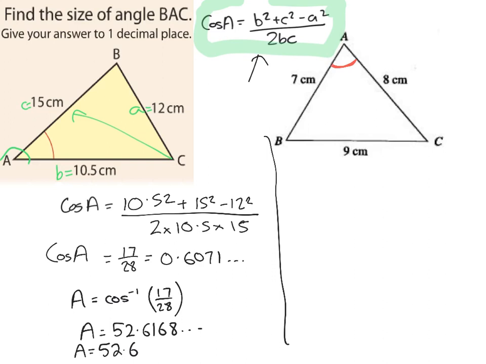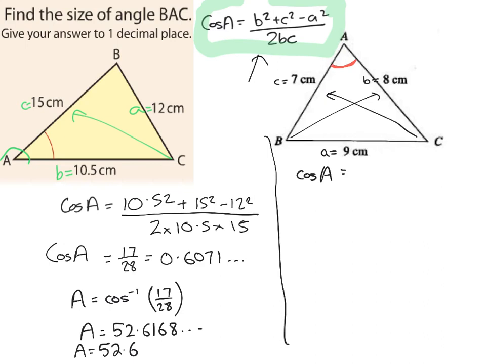So on this question then, we could say that cos of A, that's this angle here at the top. Oh, let's just label everything first. So this side would be lowercase a, this side opposite the B would be lowercase b, and this side opposite the angle C will be lowercase c.